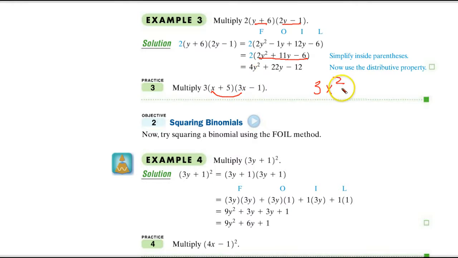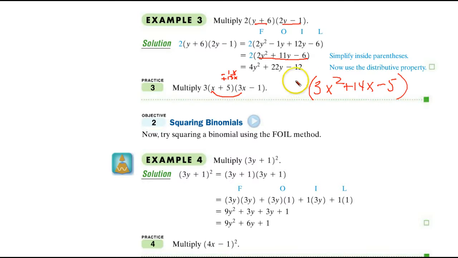My outers, well, actually, as you get better at this, you can do this mentally. Your outers is a negative 1x. Your inners is a positive 15x. So this is going to be a positive 14x. I'm just doing this part mentally. And then I have this, which is a negative 5.